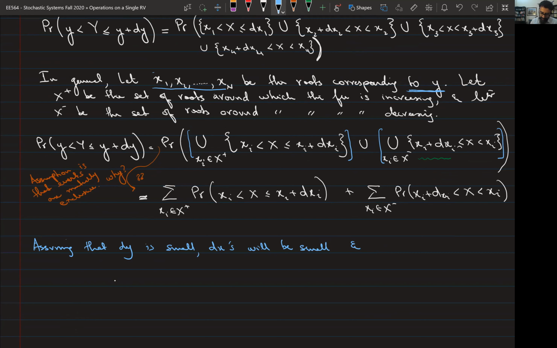And what can I write this probability as approximately when dy is small? Can I write this as a function of the PDF when dy is small?